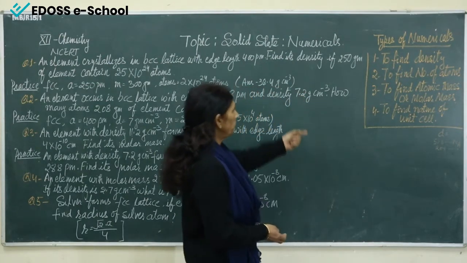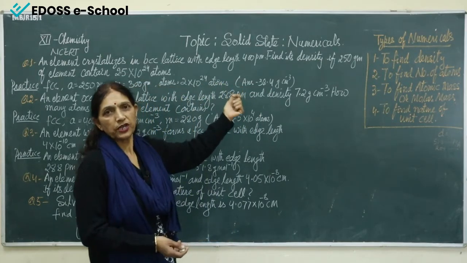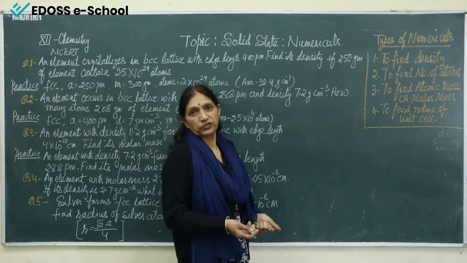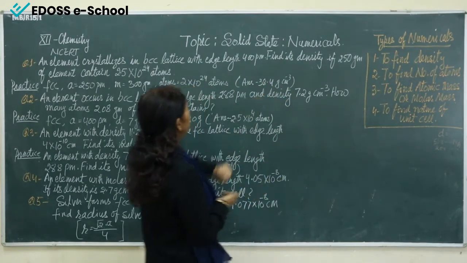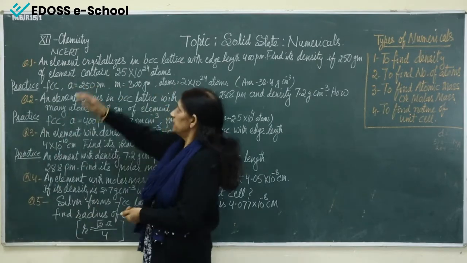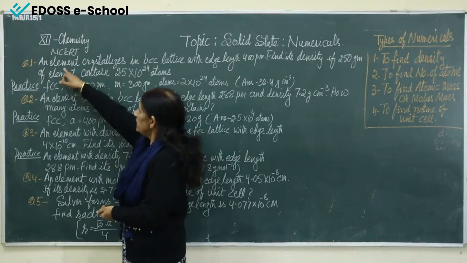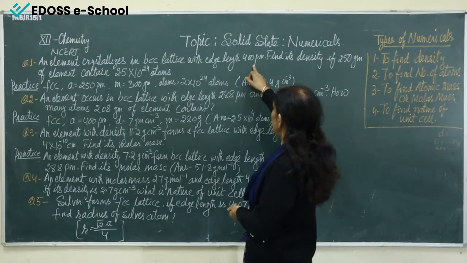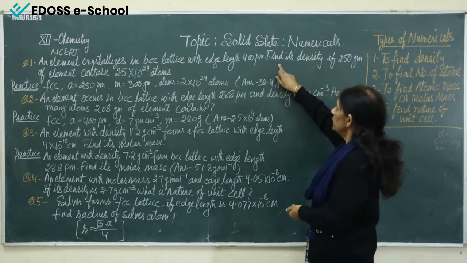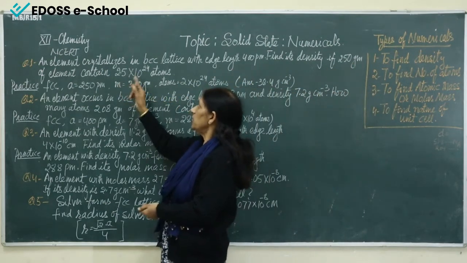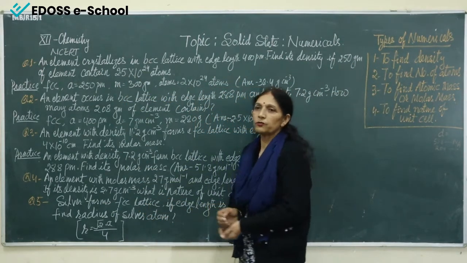We have already studied solid state, and we know about the cubic structures. Now this is our first question. The first numerical is: an element crystallizes in BCC lattice with edge length 400 picometer, find its density if 250 gram of element contain 2.5 into 10 raised to power 24 atoms.